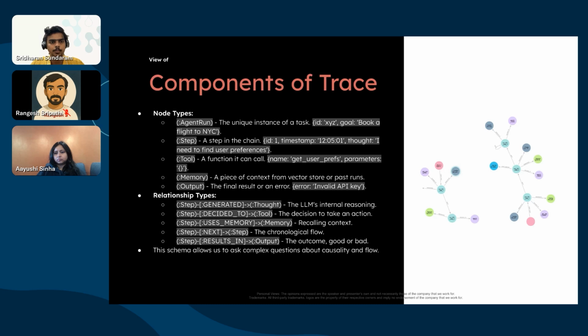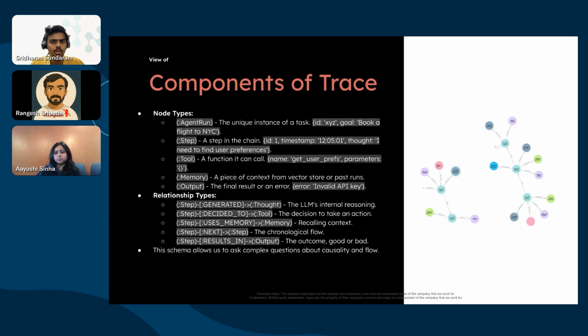Each step node will be a separate step that the agent takes. So in this case, for a flight that needs to be booked to New York City, first the agent will think to get the user preferences, right? Once it gets the user preferences, it will then take the next appropriate actions. This use case of booking a flight is just an example.